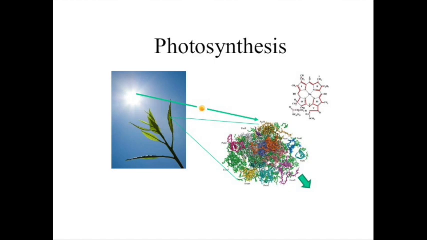Air plus sunlight makes plants, and we eat those plants. So pretty much all of our biomass is derived from this reaction. So it's the most important reaction in this entire biosphere. And the evidence is coming down that it fundamentally involves quantum mechanics.